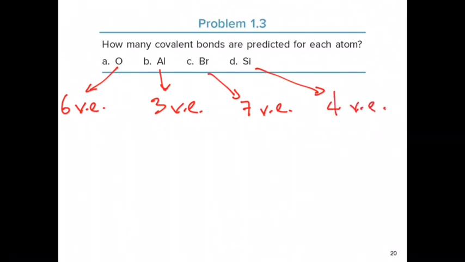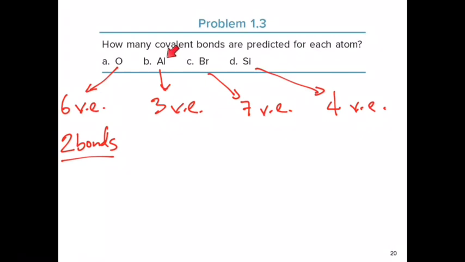So again, it's asking how many covalent bonds are predicted for each atom. So for oxygen, it has greater than 5 or greater number of valence electrons, and so you subtract its number of valence electrons from 8. So 8 minus 6 is 2, so it can form 2 bonds.